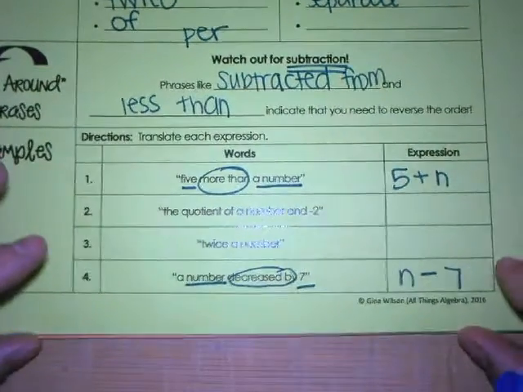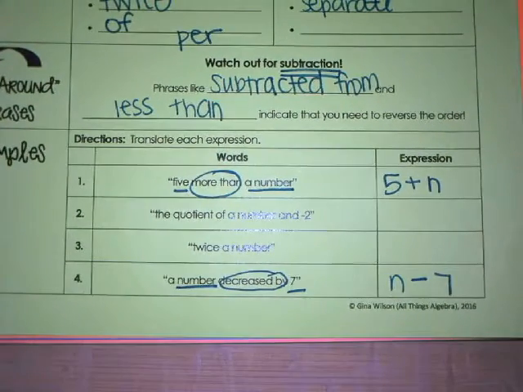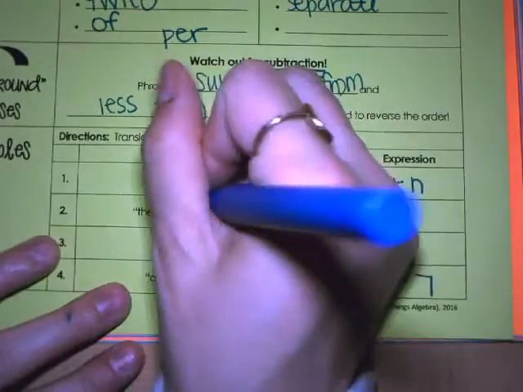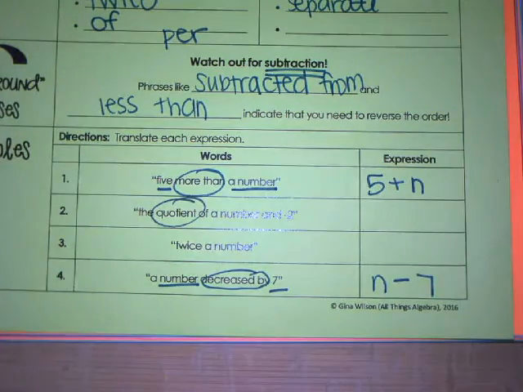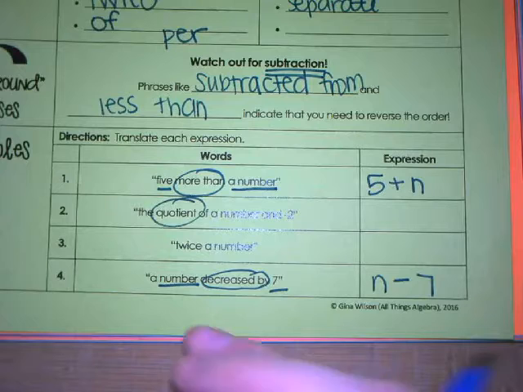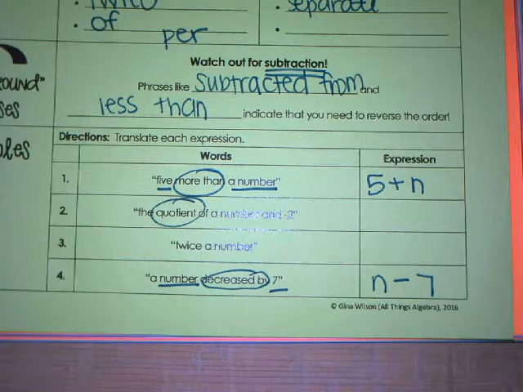Okay, so let's go back down to the bottom of the green page and finish this page off. What's my key word in number 2? Quotient. What does quotient mean? Okay, now remember, a division problem is the same as multiplication. The order matters, but there are no turnaround phrases with division. It is just the order you read it is the order that you write it.